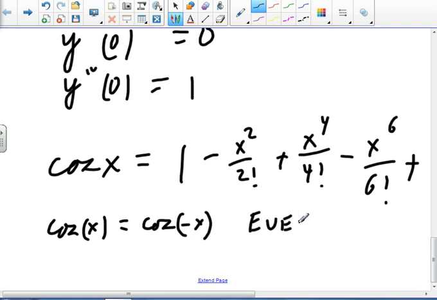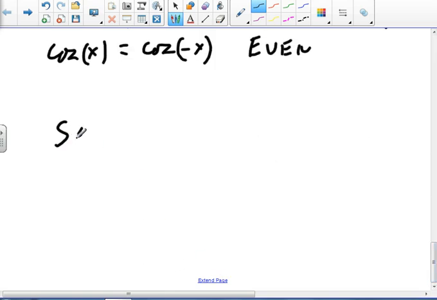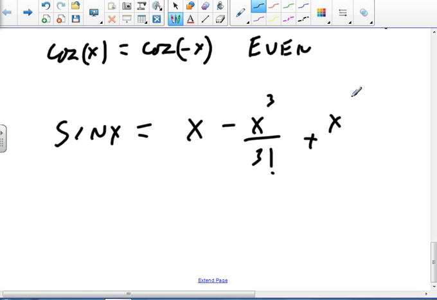If I do the same thing with sine, I end up with sine x is equal to x minus x cubed over 3 factorial plus x to the 5th over 5 factorial minus x to the 7th over 7 factorial. And this is an odd function. We say the sine is odd, and I look over there and I have all odd exponents.